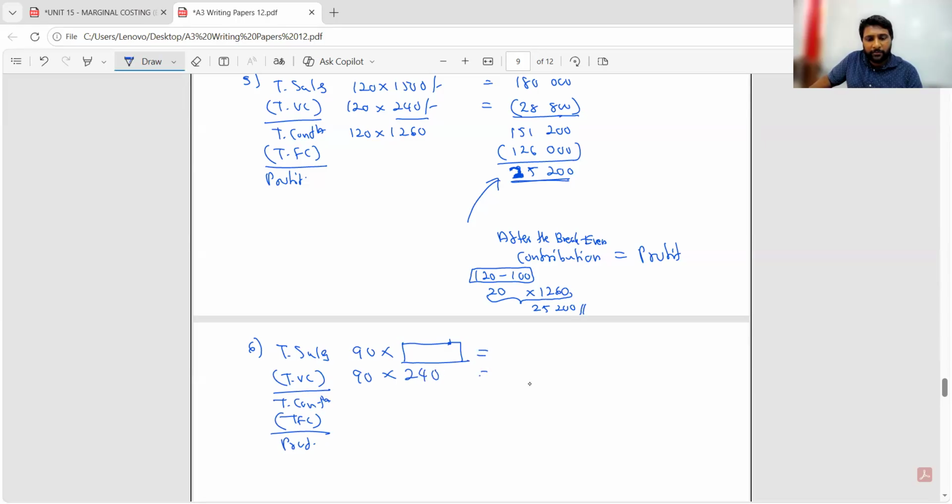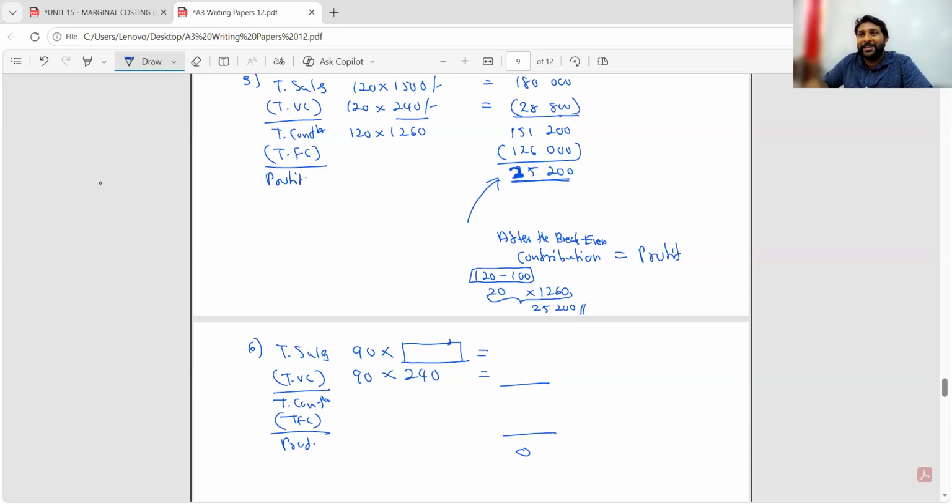240. So we can't make losses. Take the total fixed cost carefully. 90 teachers, how many buses do you need? 3 buses.